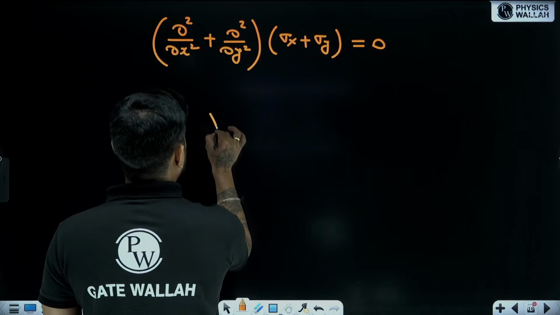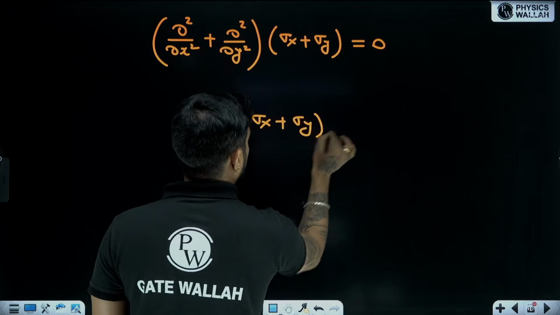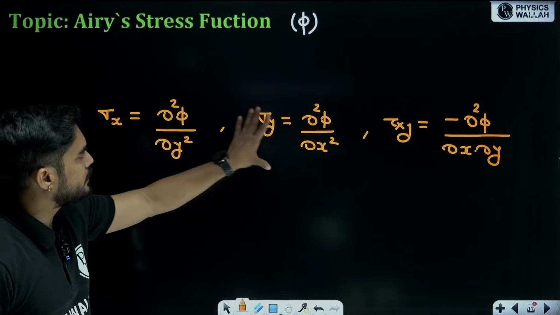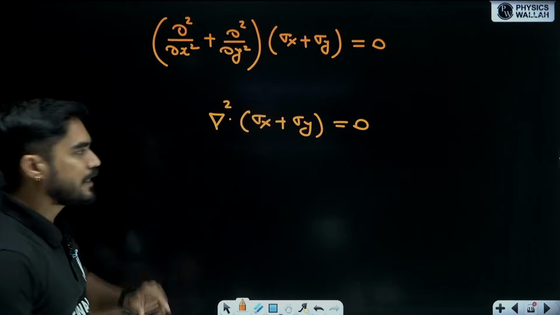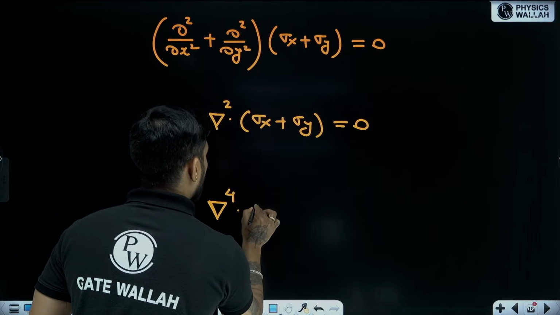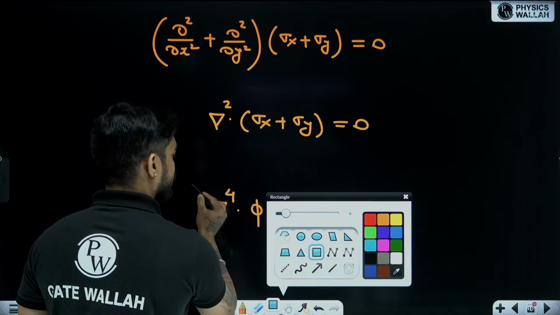Or you can say ∇²(σx + σy) = 0. Now if you put this σx and σy here, then it will become ∇⁴φ = 0.